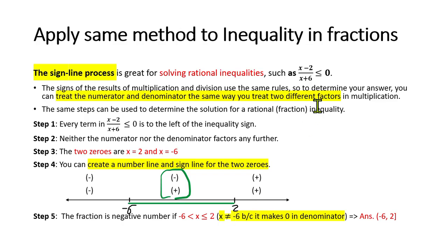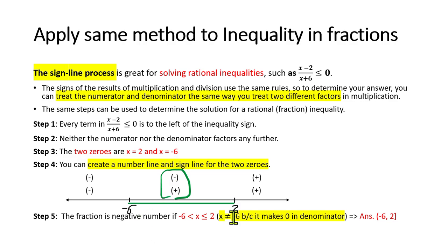But you're looking for the interval that makes the expression negative, right? So you see the number of negative signs is an odd number. So this is the region.